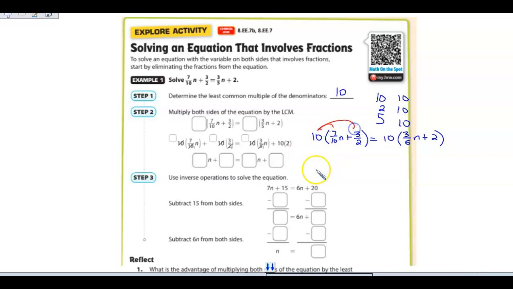So I'm going to take 10 times 7/10 n, plus 10 times my 3/2, equals 10 times my 3/5 n, and my 10 times 2.